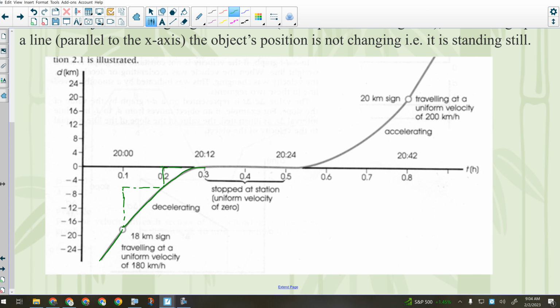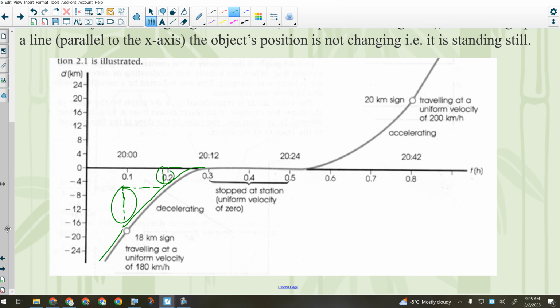So you can see that this line and this line are different and that the amount of distance I'm covering is going down. That means I am decelerating or slowing down. In physics, we try not to use the term decelerate because acceleration actually means any change in velocity, positive or negative.